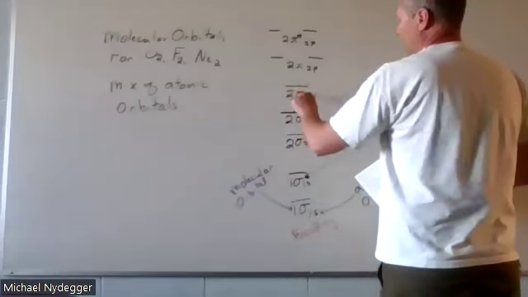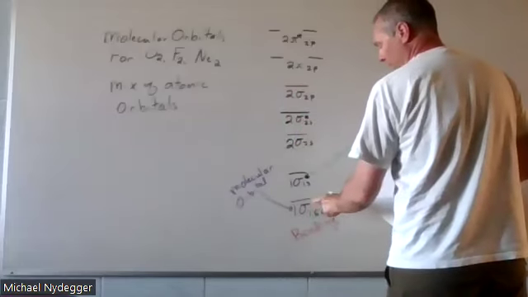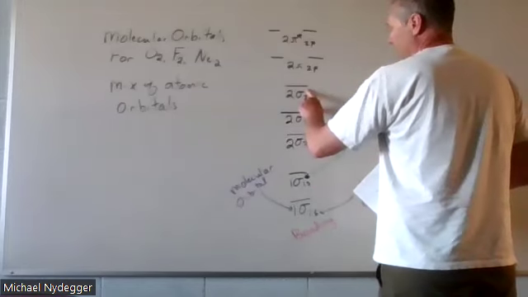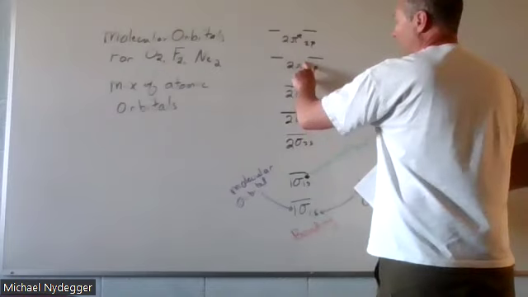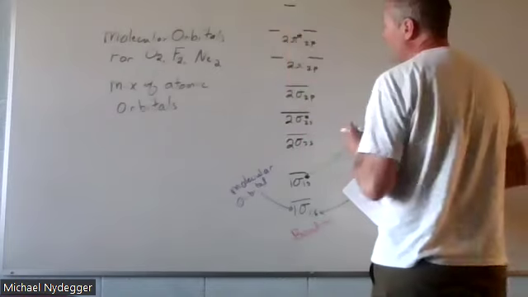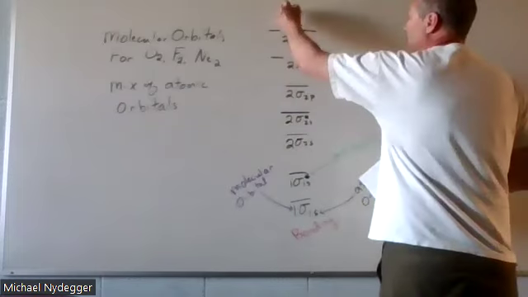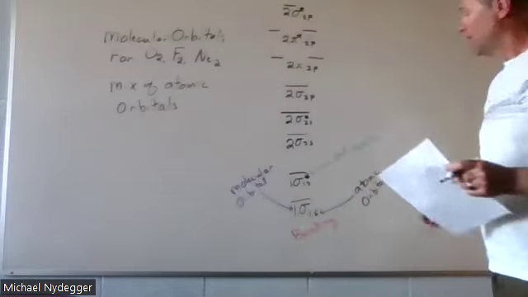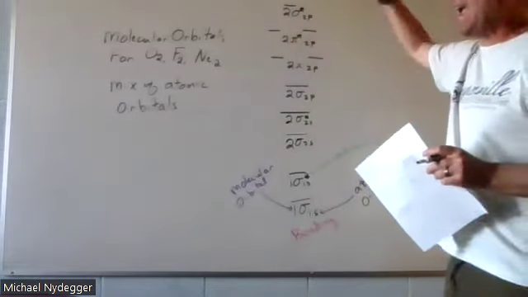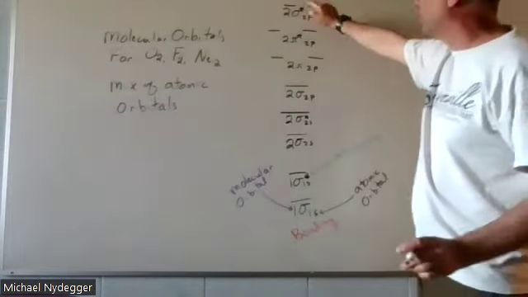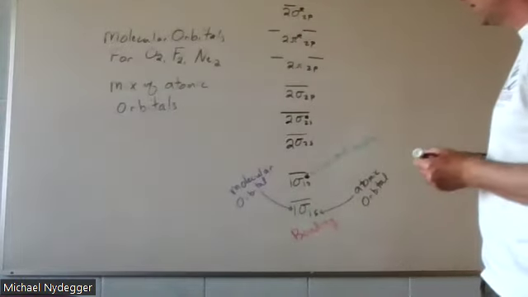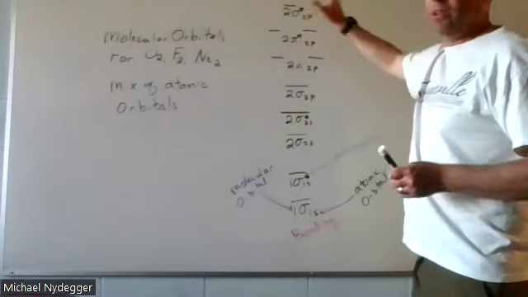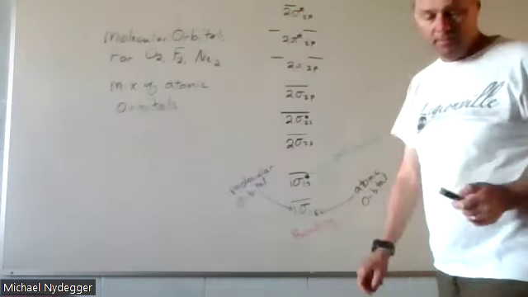And notice kind of a pattern: we have a sigma, sigma star, sigma, sigma star, sigma, oops, we don't have a sigma star yet, we have a pi and a pi star. So up here, this is going to be 2 sigma star 2p. And once again, these stars indicate anti-bonding orbitals, such that when electrons are placed in there, the molecule is not stable. Okay.